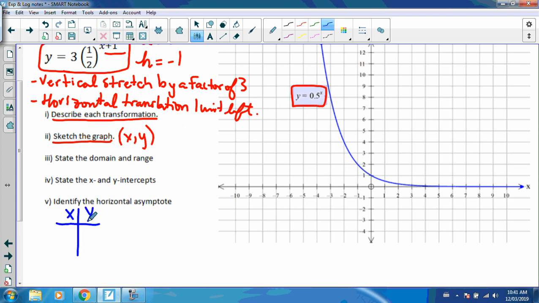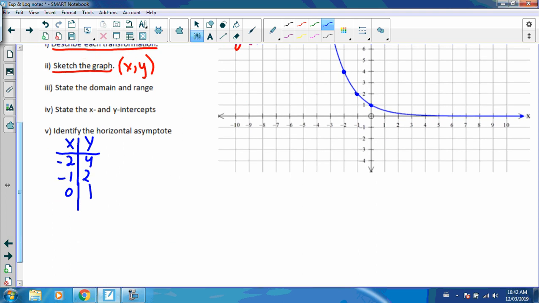So x and y. And the points that I'm going to pick are maybe -2, 4, and -1, 2, 0, 1, and let's do one more, over here at 2, 1/4.